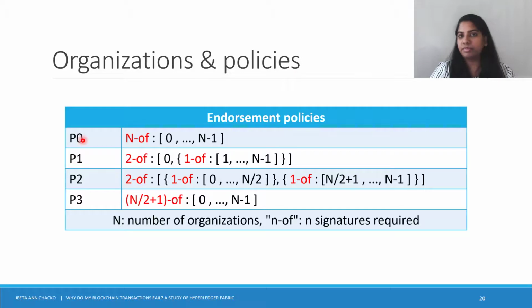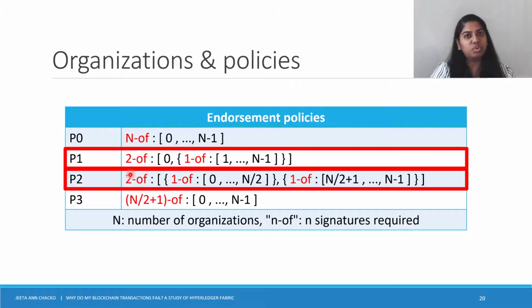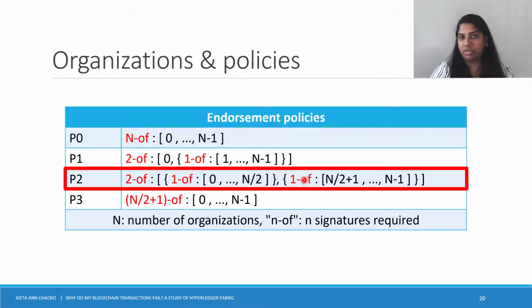So we can design the endorsement policy in different ways, and we have shown four different definitions of endorsement policies here. P0 and P3 require n signatures or a quorum of signatures. P1 and P2 require only two signatures, but the organizations from which these two signatures are to be obtained are different. P2 has more sub-policies, which specify exactly which organizations need to provide each of the two signatures.